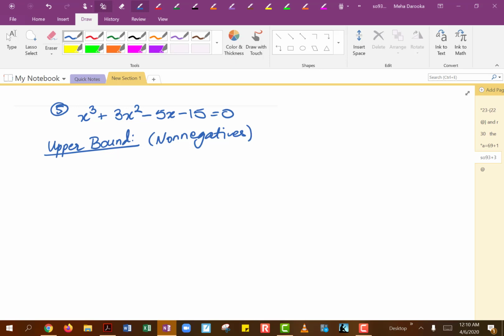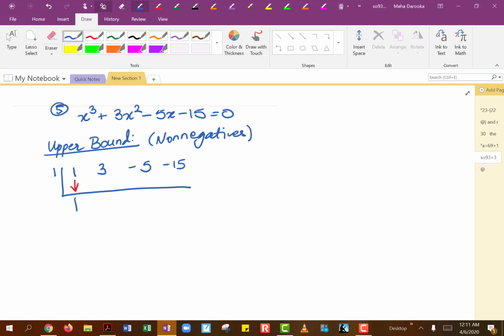Okay, so I am going to take our polynomial coefficients. Remember, x to the third has a coefficient of 1. I've got positive 3x squared, I've got -5, and I've got -15. And of course you can see there are no missing terms in here. So the first number I'm going to try is +1. Bring down the first number as it is, you don't change it.